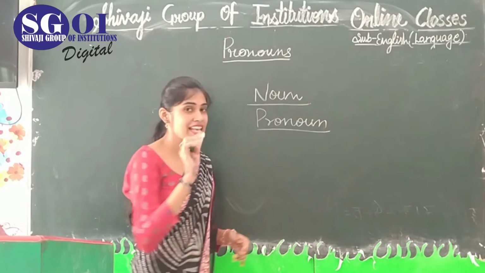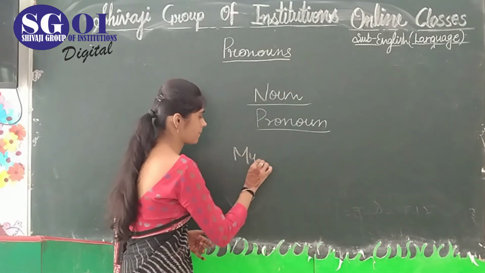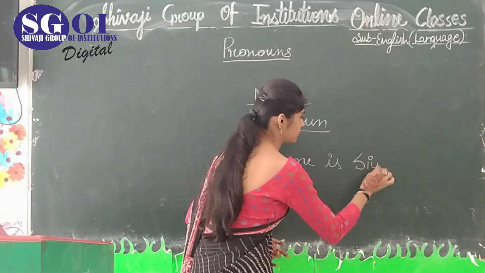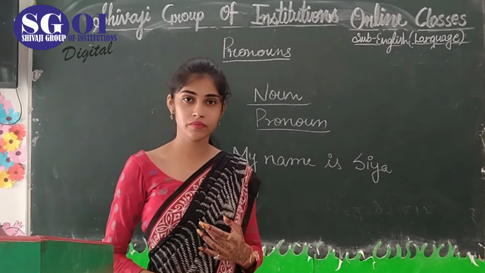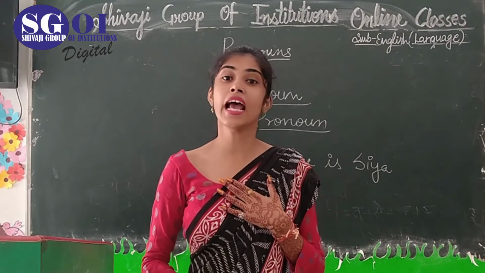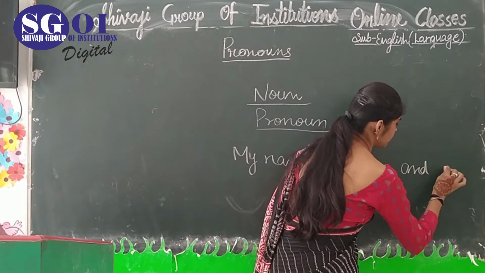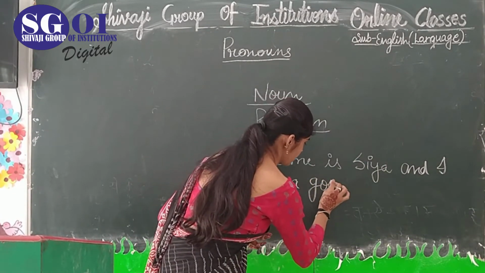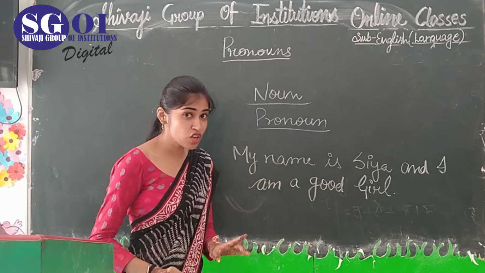As like, my name is... In the place of Sia, what do I use?